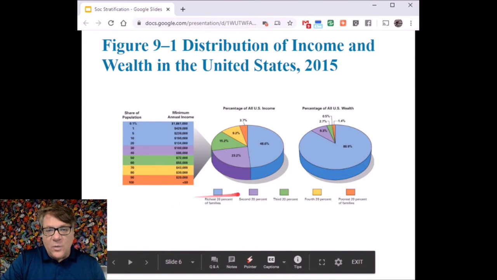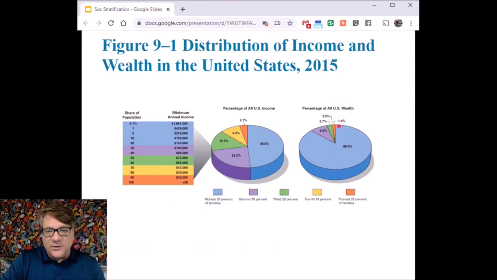And so now, a while ago, we had negative 1% in 2005 in the bottom 20% of families. And you can see here in 2015, it's negative 1.4. So more people are showing no wealth or are in debt in 2015 compared to 2005 over that 10-year time period.